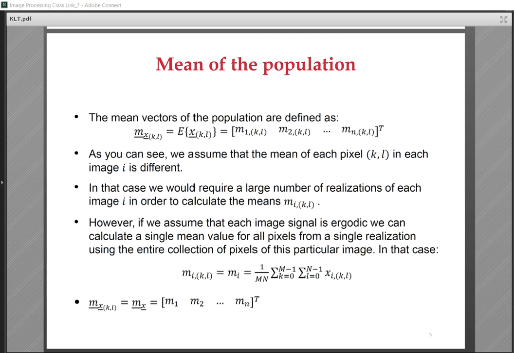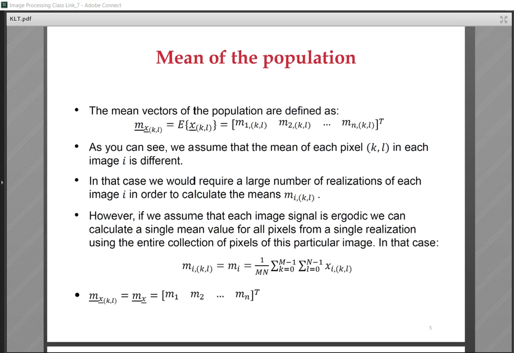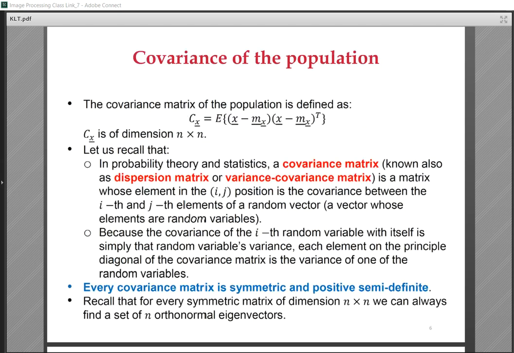Averaging in one image is equal to averaging in other images. That's right, for an ergodic process.